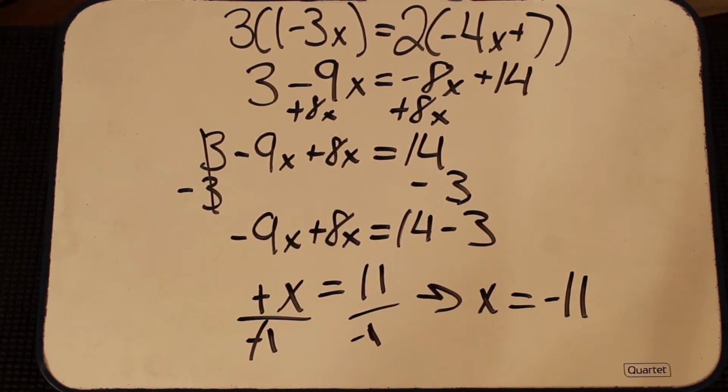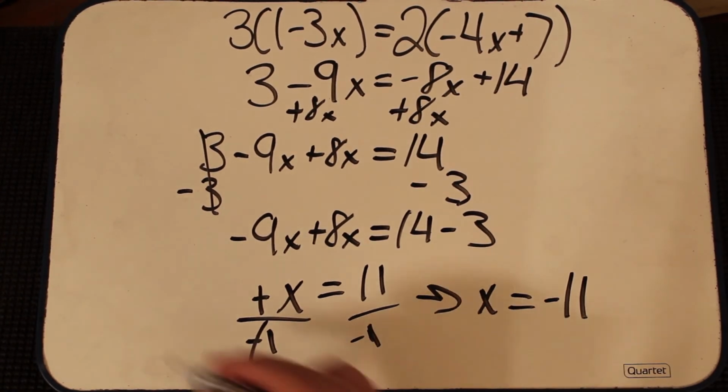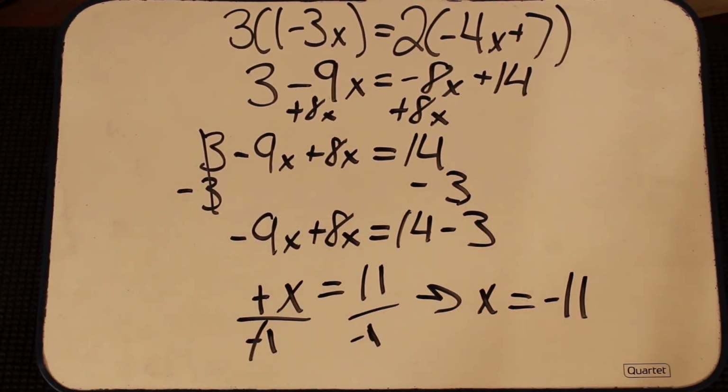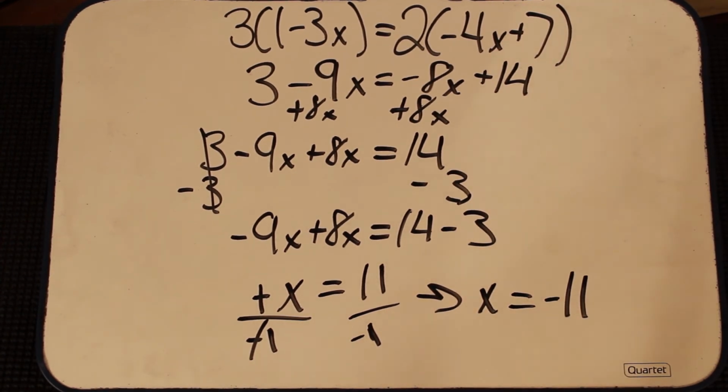But the important part is that you're keeping track of what you're doing. Because ultimately, you want to get it down to variables on one side and constants on another side. That way you can find out what x equals. And that's what this boils down to.